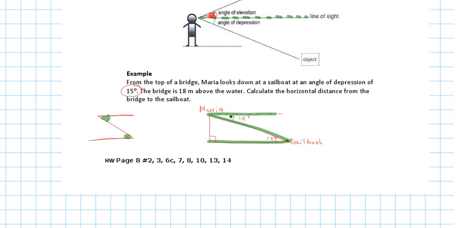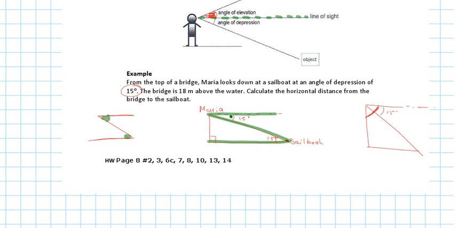Another way, if you can't remember this, look at your triangle, and this is 15 degrees. This and this together form 90 because I have a horizontal and a vertical, and every horizontal and vertical make a 90 degree angle.